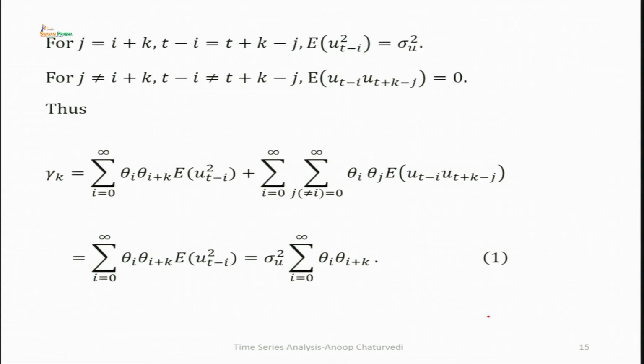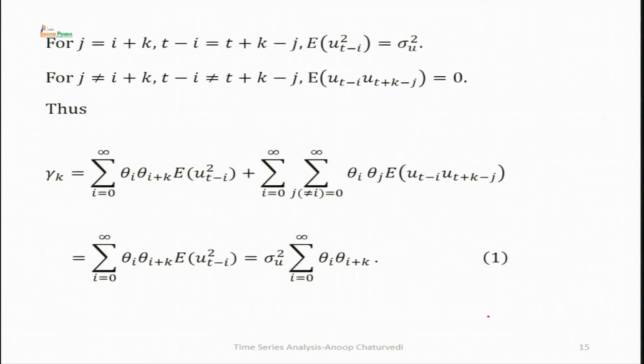So, if j equals i plus k, then you get a term with the expectation of u_{t-i} squared, which is equal to sigma squared u, and for j not equal to i plus k, you get a term expectation u_{t-i} u_{t+k-j}, which has expectation 0.